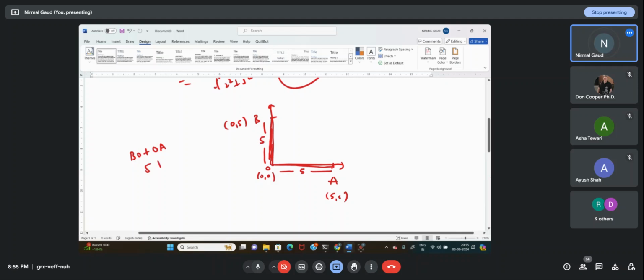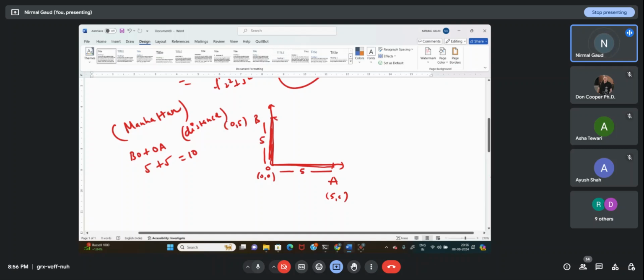So 5 plus 5, that will be 10. This is the Manhattan distance. It's been told to you that you need to find the distance of a vector, so if I just add the coefficients, that is considered as the distance of a vector.